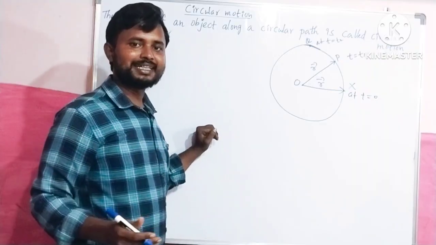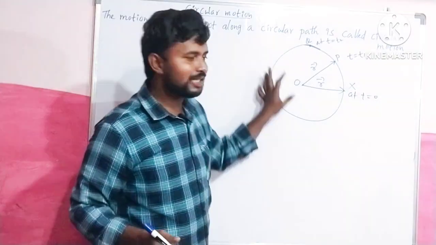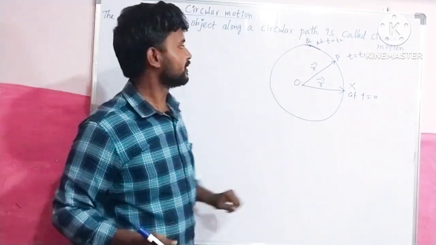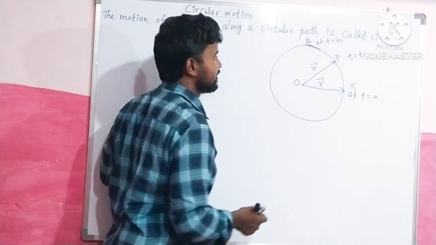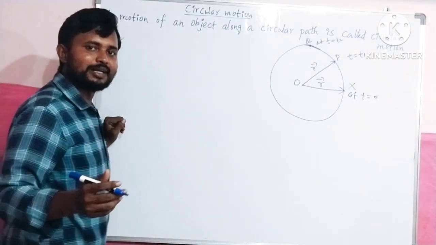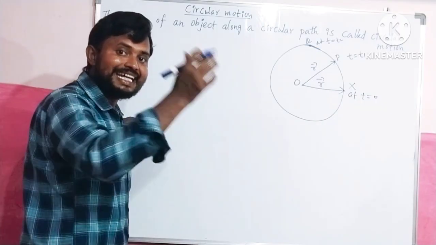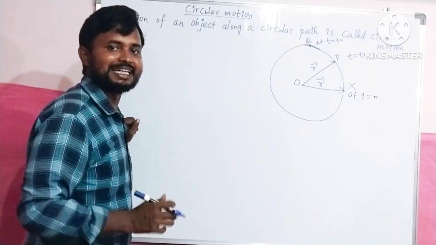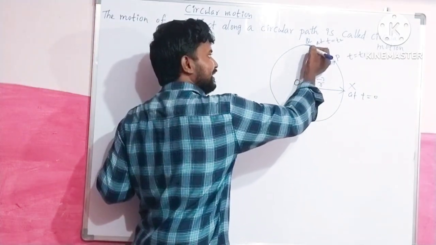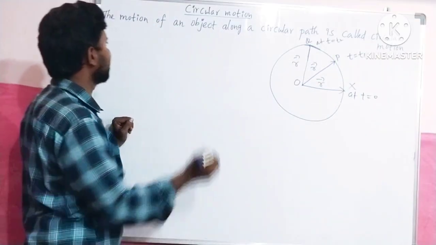The radius vector is a vector quantity. It has a magnitude as well as a direction. The magnitude is constant, but the direction changes at every point. The line joining the center to the circumference of a circle at any instant of time gives the radius vector r bar.